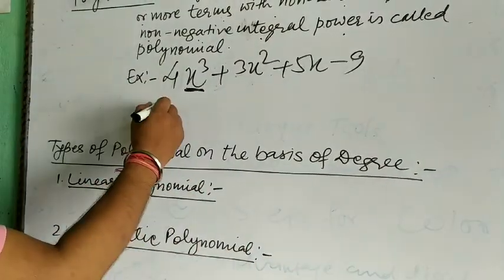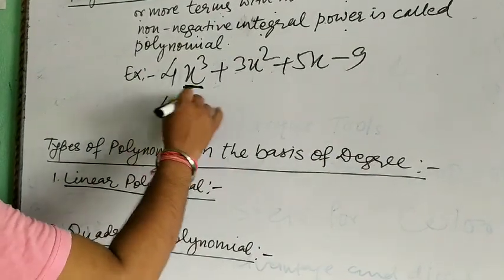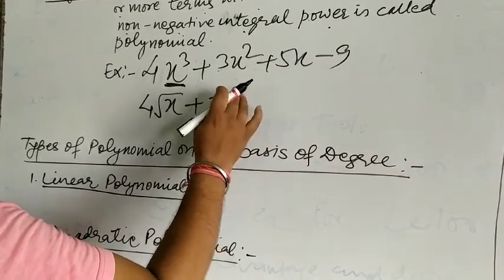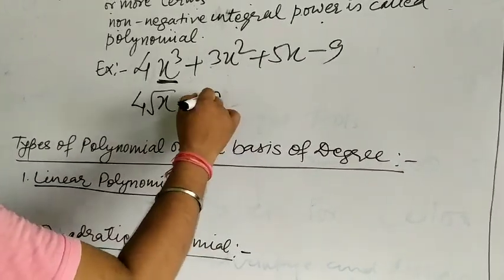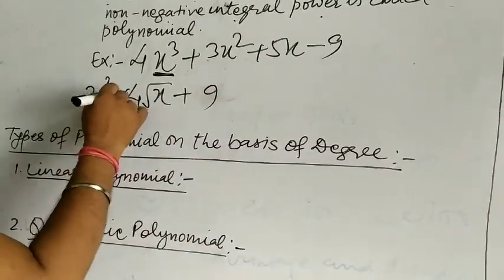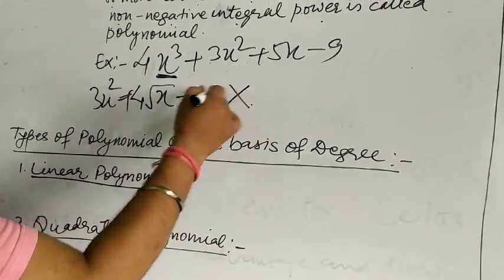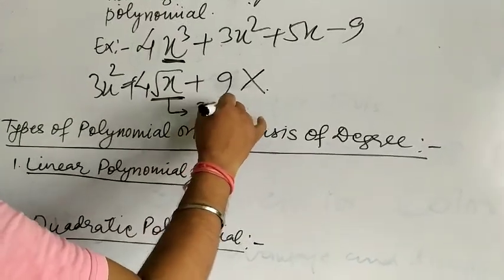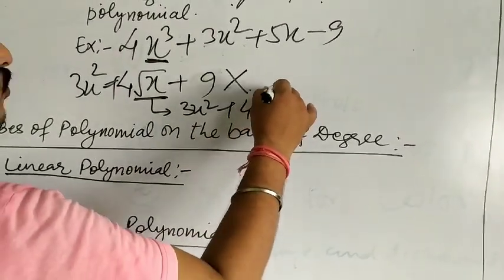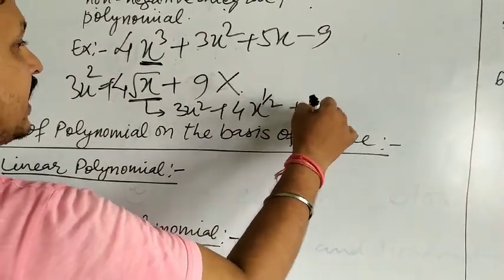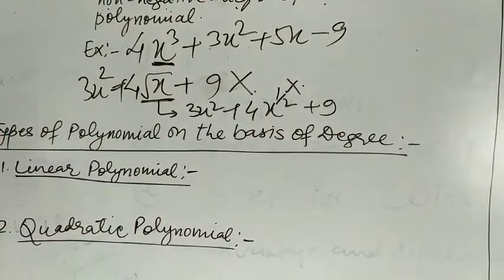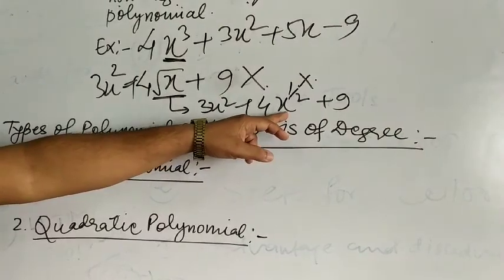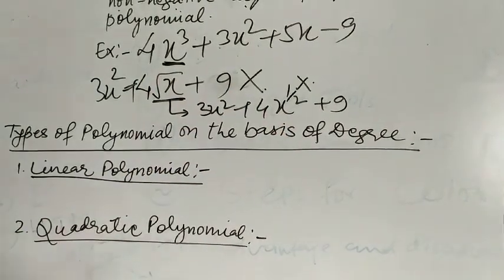For example, 4 root under x plus 3x plus 9, or 3x square plus 4x to the power 1 by 2 plus 9, is not a polynomial, because the power is not a non-negative integer.